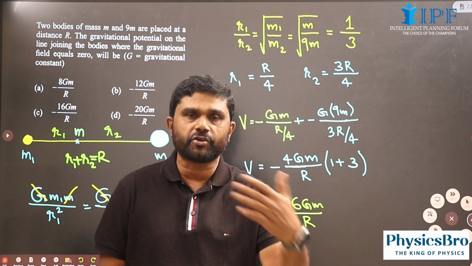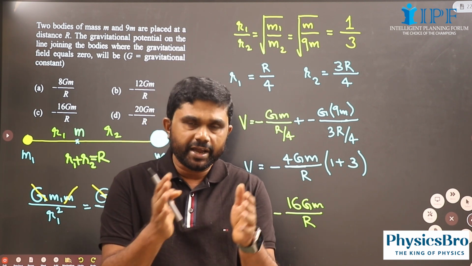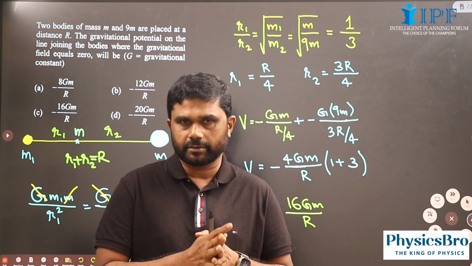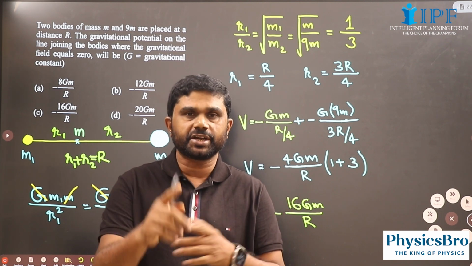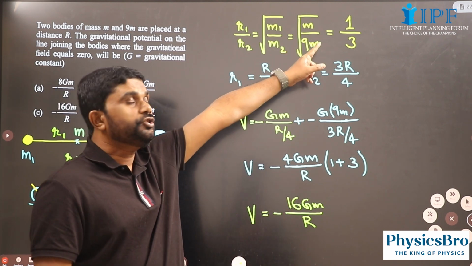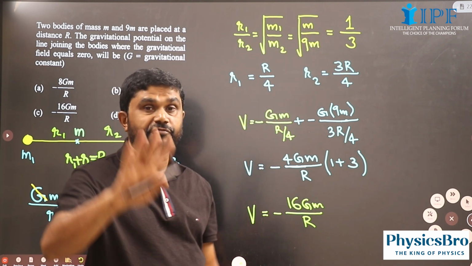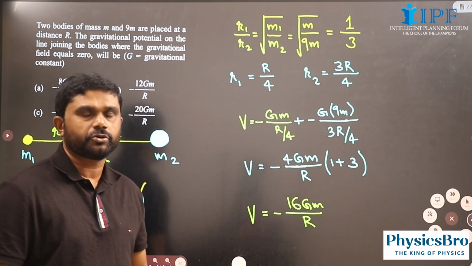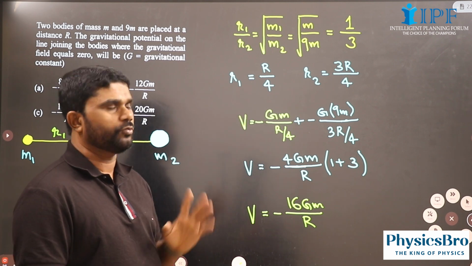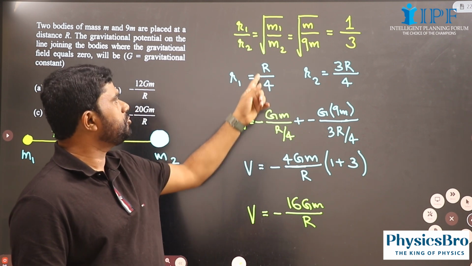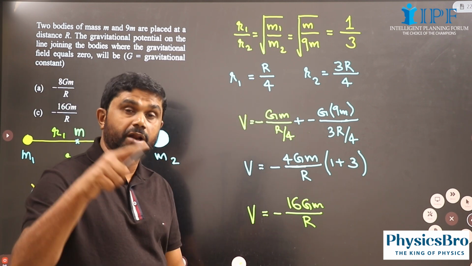So what is r1, what is r2? It is to be divided in the ratio 1 is to 3, means you will have to divide capital R into 1 plus 3, 4 equal parts, so that each part will be R by 4. So r1 equal to R by 4 and r2 equal to 3R by 4.